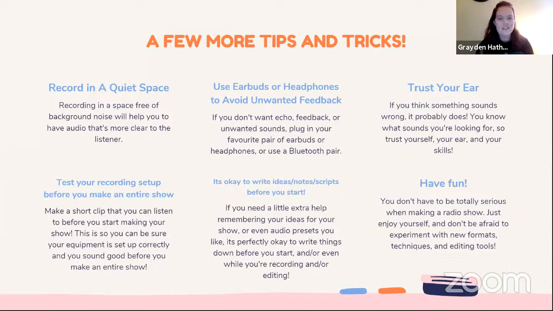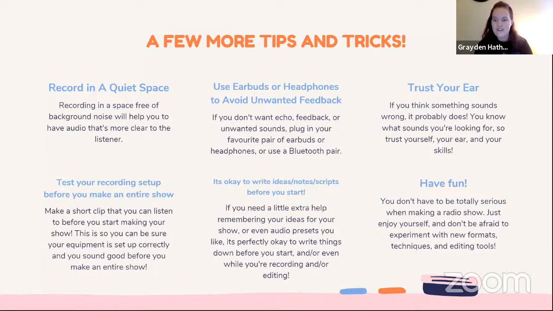So my final tips and tricks for you are to record in a quiet space. Recording in a space that doesn't have background noise is just helpful. It makes your audio more clear. Using earbuds or headphones will make sure you don't get unwanted feedback or echoes. You can use earbuds, headphones, a Bluetooth pair, whatever makes you comfortable.